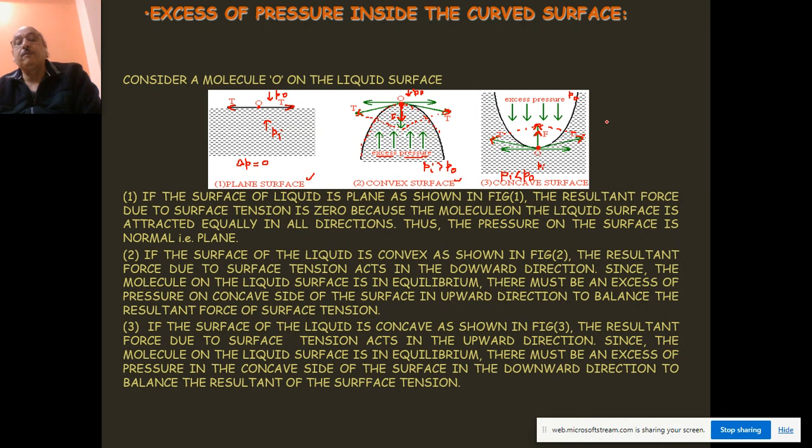So if we say here is the surface made by the liquid, it is concave. If we see from this side, from the liquid side, the excess pressure will be on the concave side.